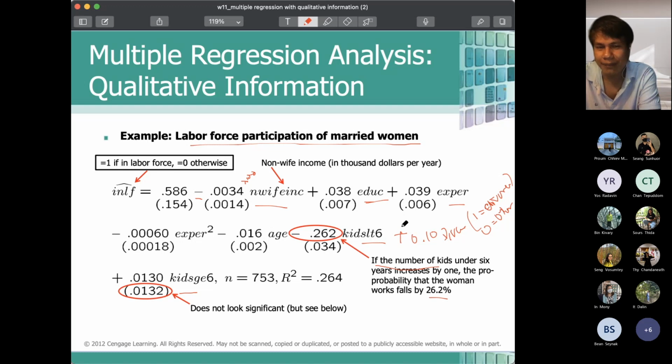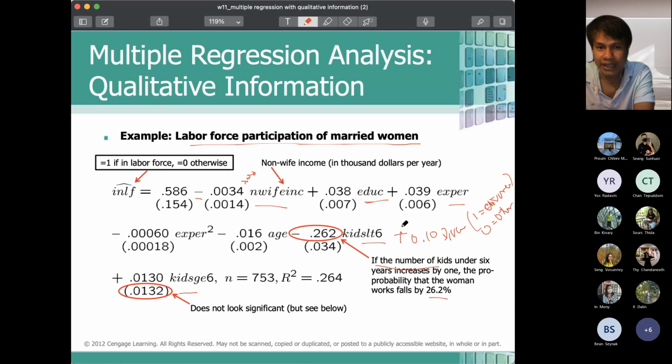Here we only said married women, but assuming the woman is divorced, you would say the divorced women are more likely to join the labor force compared to non-divorced women.